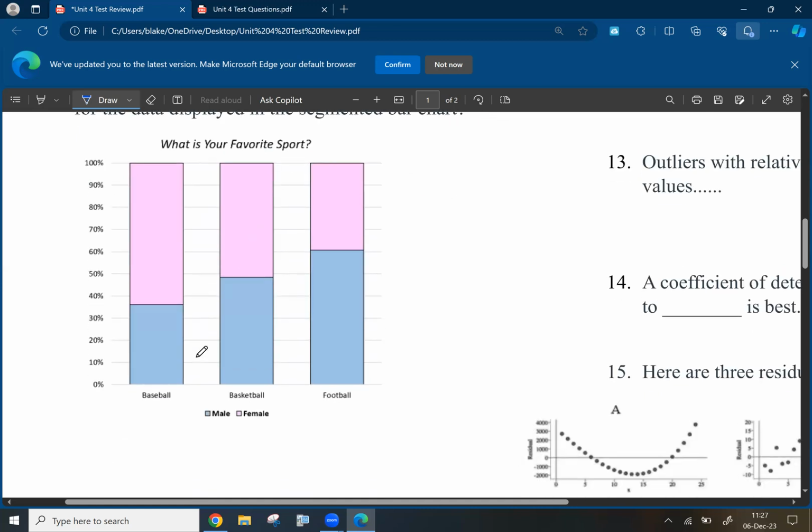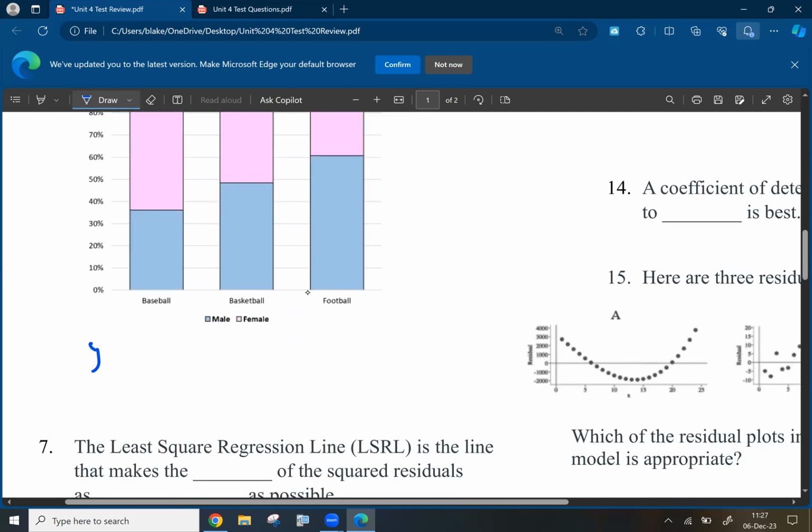So we look at this graph and we say, hey, is there an association between favorite sport and gender? And we would say, yes, there is an association, because the proportions are different, basically.